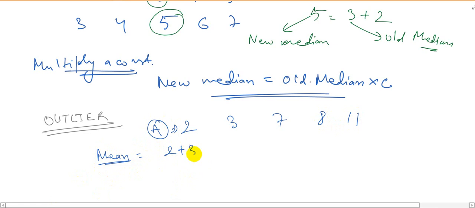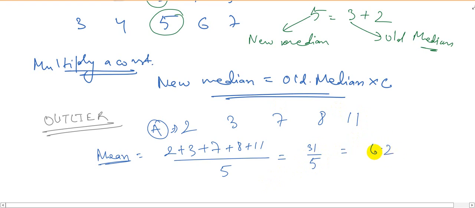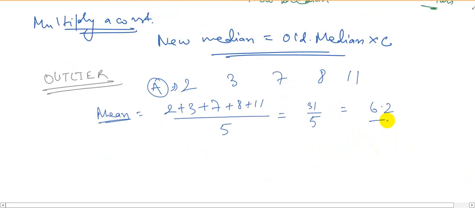Mean would be 2 plus 3 plus 7 plus 8 plus 11 over 5, right? So it would be 5, plus 7 is 12, 12 plus 8 is 20, 20 plus 11 is 31, so it would be 6.2, right? Yeah, 6.2 would be the mean. But what is the median?